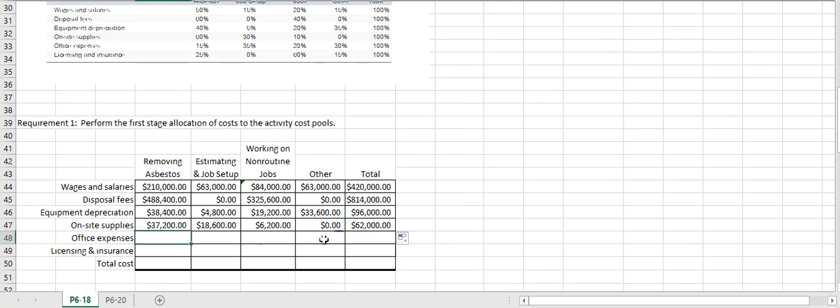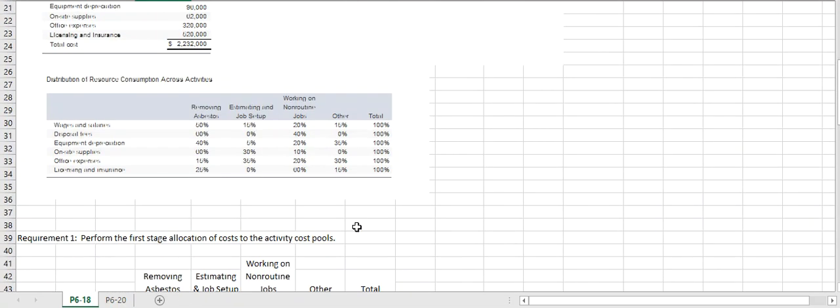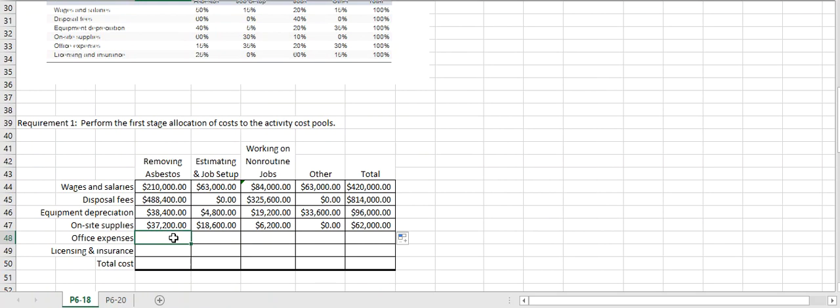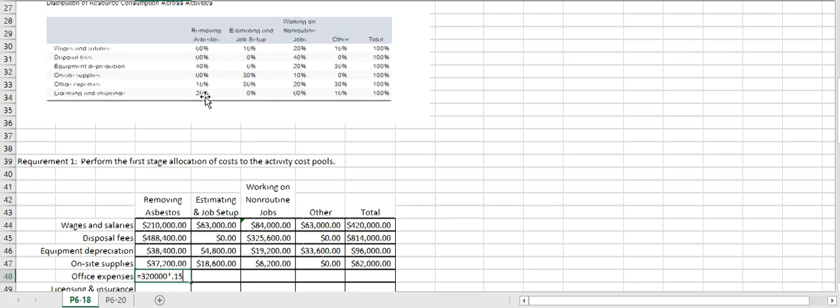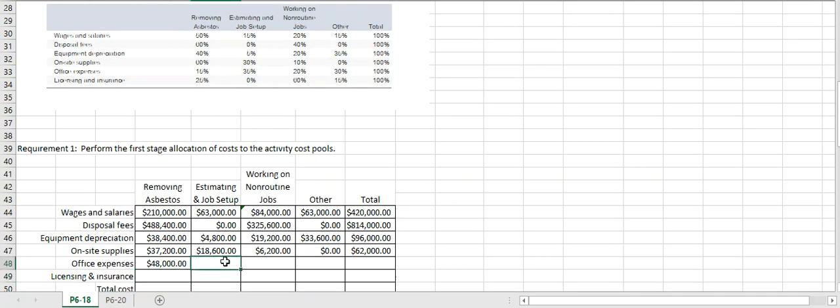Moving right along to office expenses. Office expenses were $320,000. We're going to multiply that by 15%. And then for estimating and job setup, let's see, it's 35%.